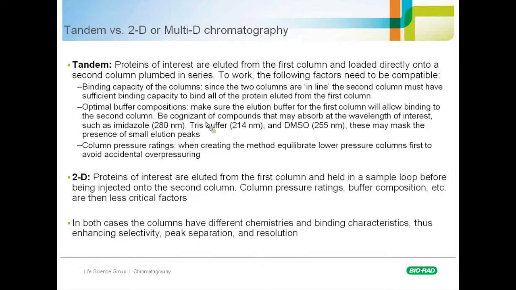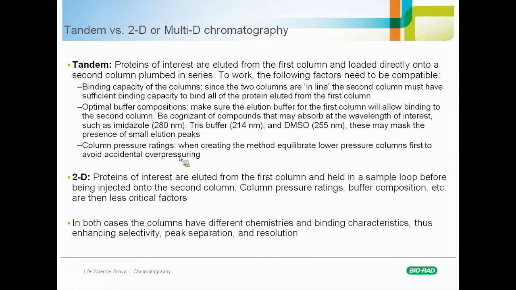So imidazole may appear flowing through that could be masking peaks or contaminants or your target protein of interest during the elution. So these are all considerations, along with one of the very crucial ones, which is the column pressure ratings. Now, the approach that we use with the NGC instruments is to do tandem chromatography.